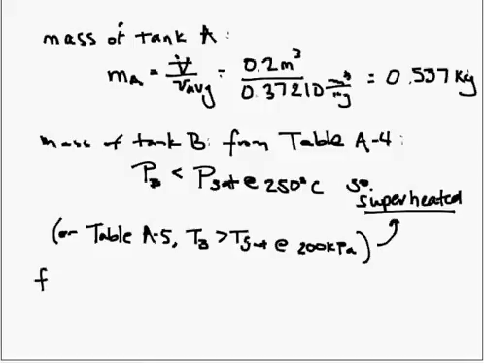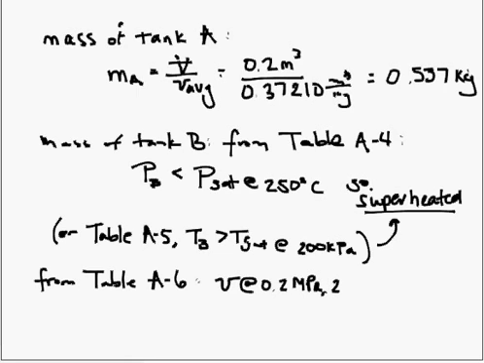Okay, so now we go to our superheated table. So from table A6, we find our specific volume at 200 kPa or 0.2 megapascals, and at 250 degrees C. And we find that that is equal, from the table, to 1.19890 cubic meters per kilogram.